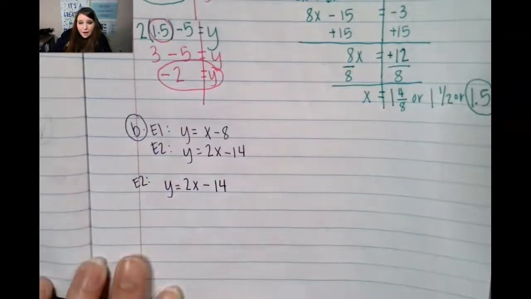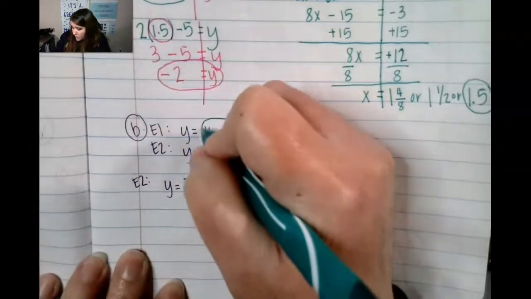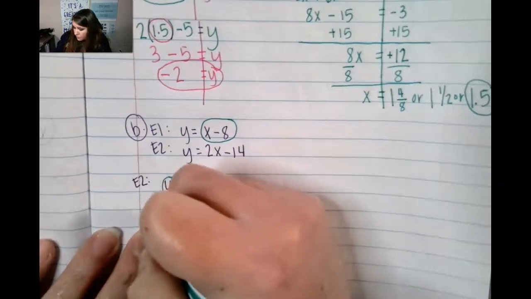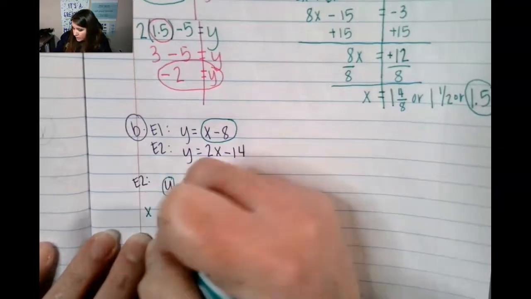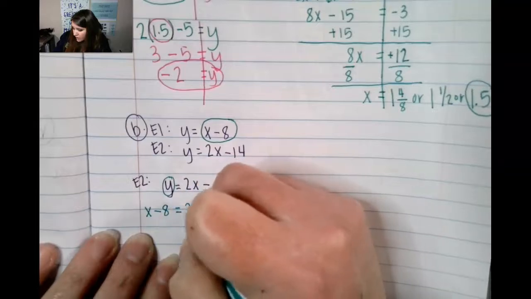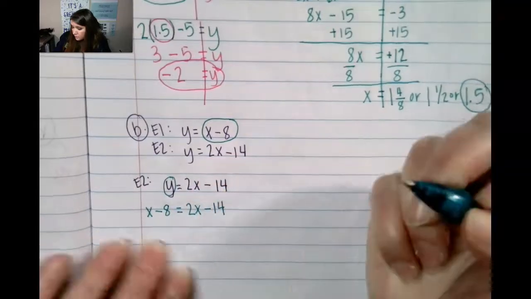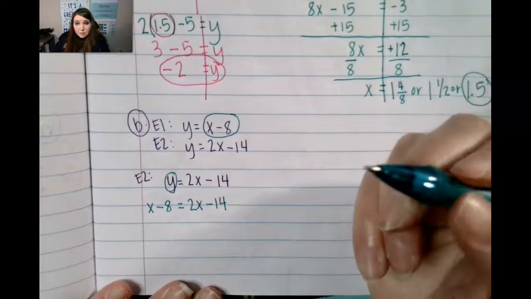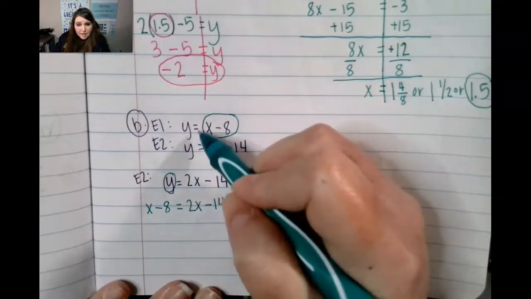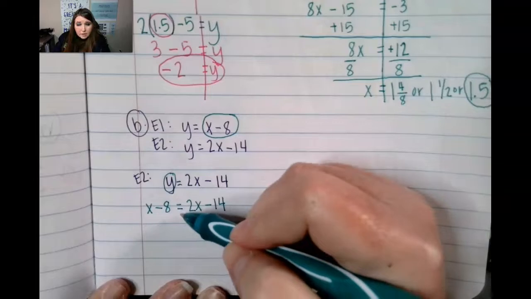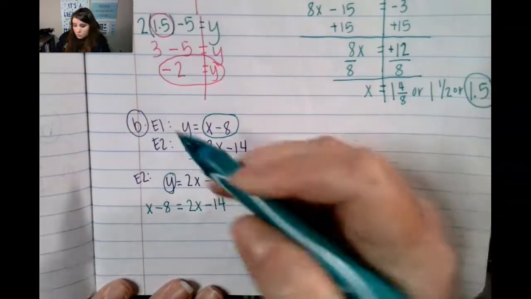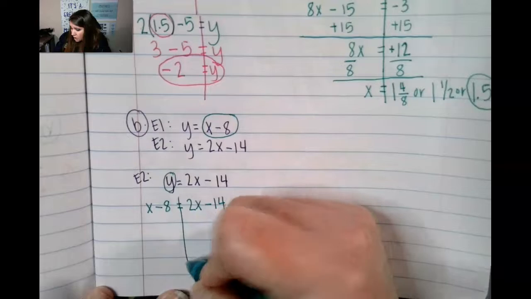I'm going to take the other y from equation 1 and I'm going to put it here. So now this is going to say x minus 8 equals 2x minus 14. So I'm using both equations. I've replaced the y with x minus 8 from equation 1. So this is like saying equation 1 is equal to equation 2. And now we're ready to solve.